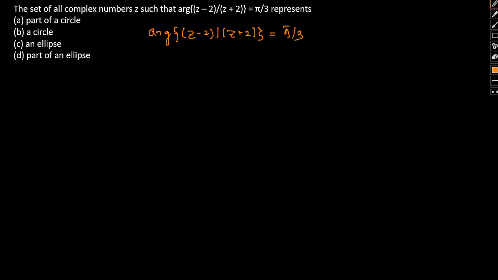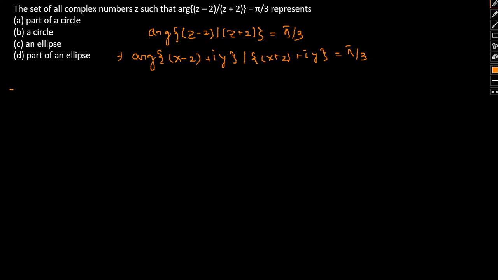Now if we further work on this argument, I'm going to represent it in terms of x and y: (x minus 2 plus iy) by (x plus 2 plus iy) will be equal to pi by 3.